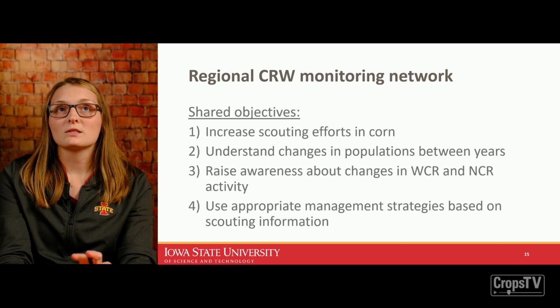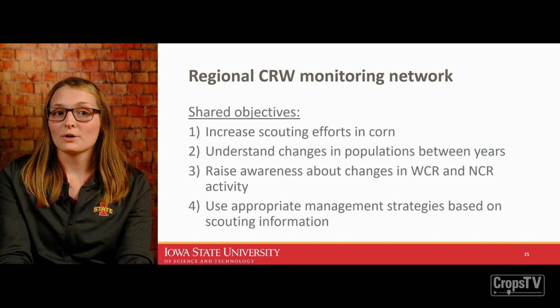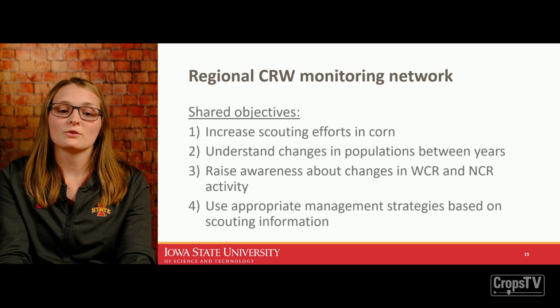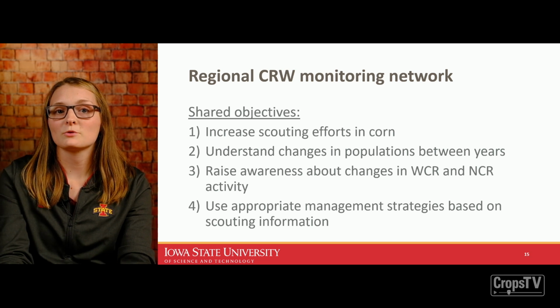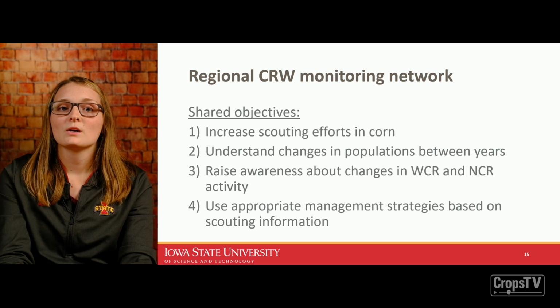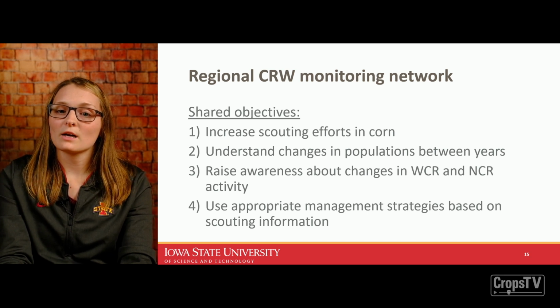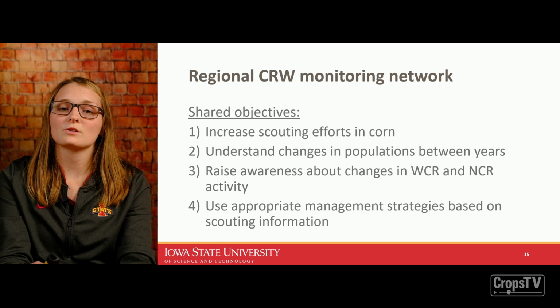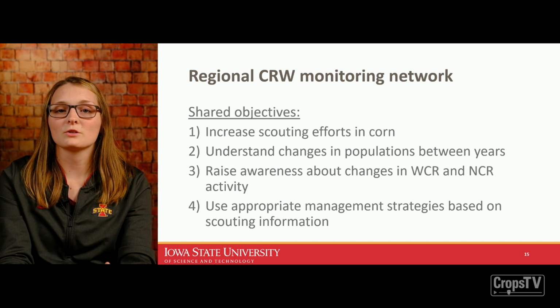So in the spring of 2021, we all worked together to develop shared objectives for the regional corn rootworm monitoring network. We wanted to increase scouting efforts in corn. We wanted to understand changes in populations between years, and on the same note, we wanted to raise awareness about changes in western corn rootworm and northern corn rootworm activity.